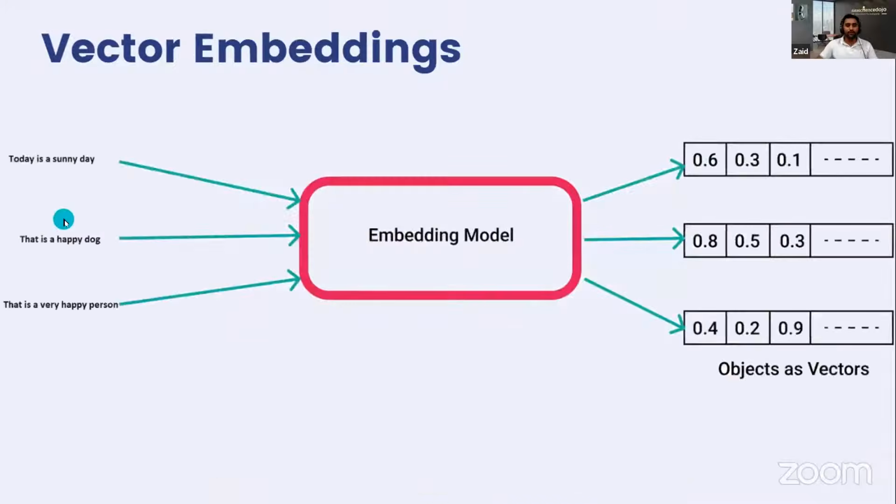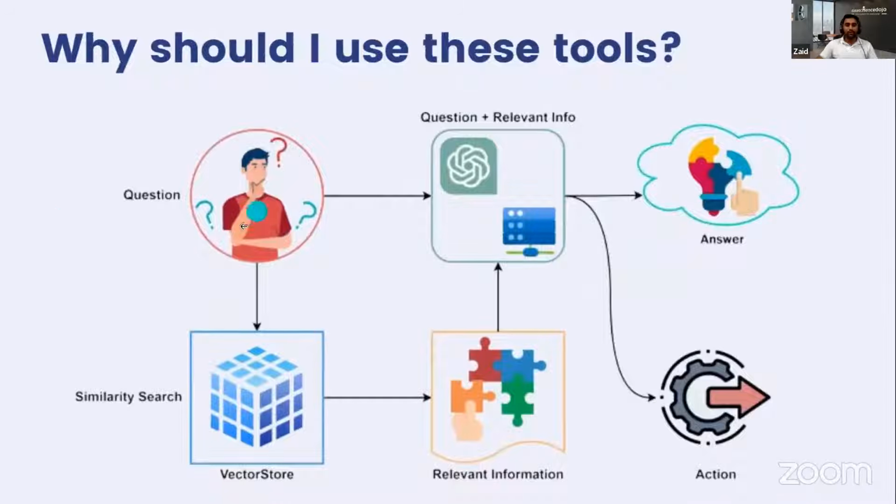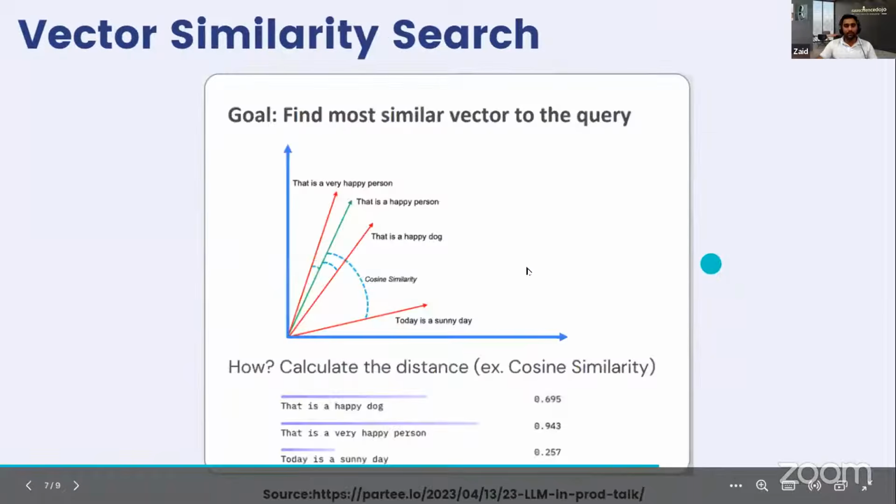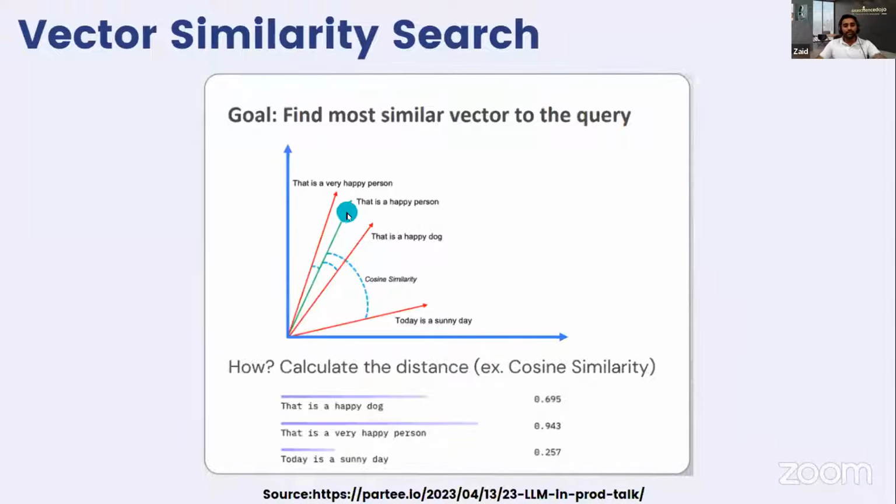As I have told you before, your question will go into the vector database as well as into the window of ChatGPT. So what your question will be doing over here is the vector similarity search. How does that work? This is your particular question: that is a happy person.